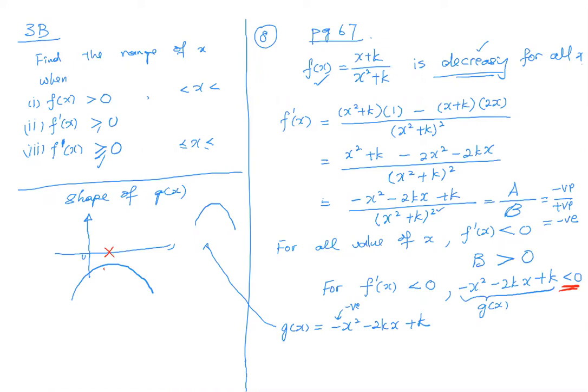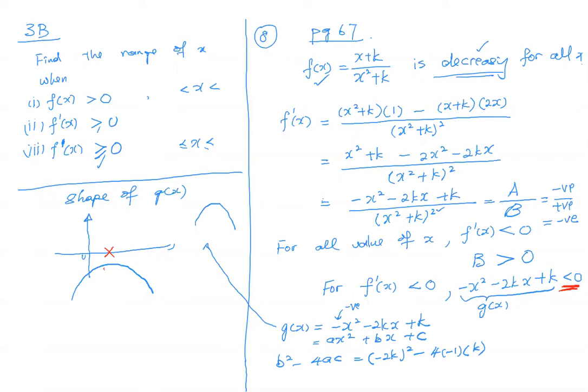Do you still remember the determinant? b squared minus 4ac, which is negative 2k squared minus 4ac, must be what?